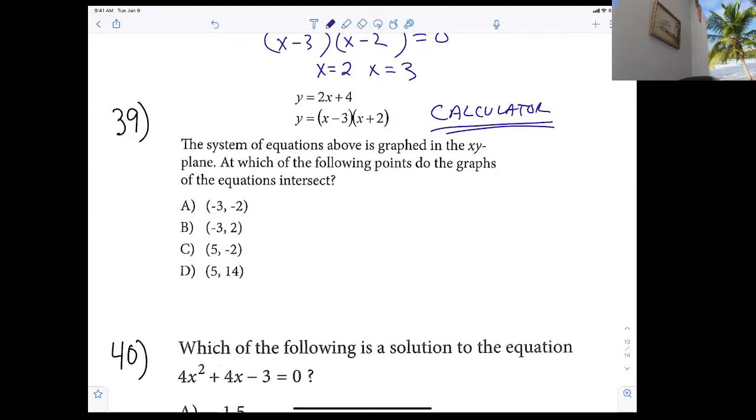You okay? Yeah. I moved the cursor to the other side and it switched to negative 0.